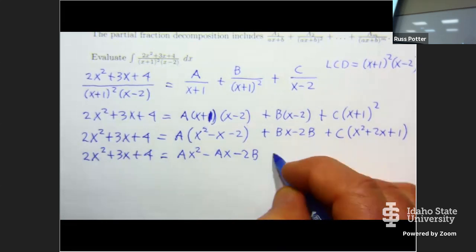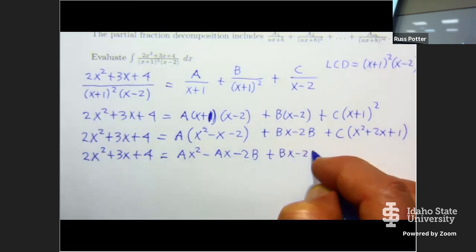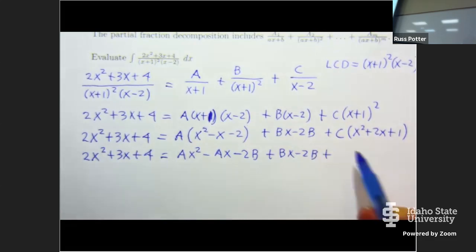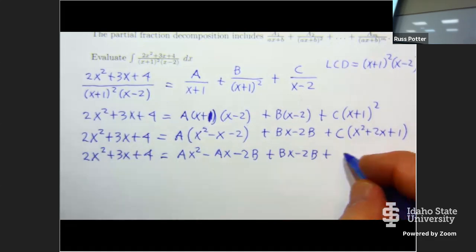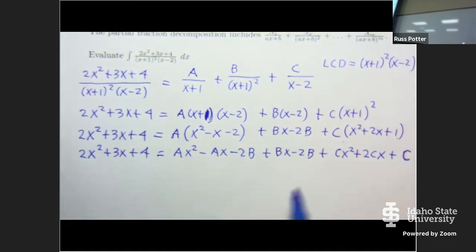We'll leave this term the way it is for now, plus bx minus 2b. And then multiply c times the trinomial x squared plus 2x plus 1. We get c times x squared plus 2cx plus c. Sorry, c times 1 is c.